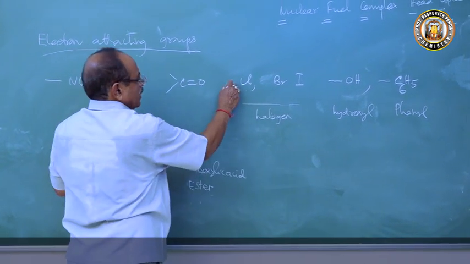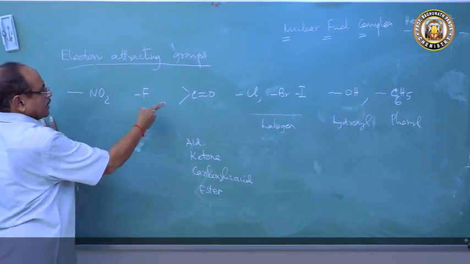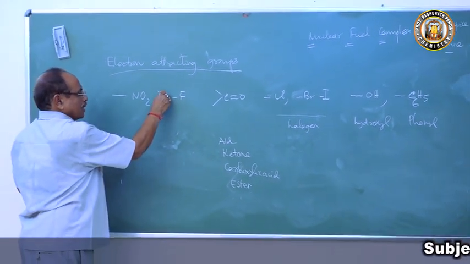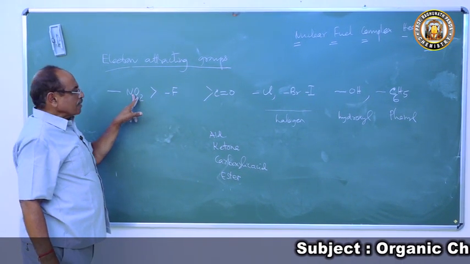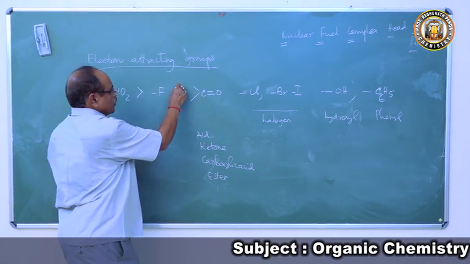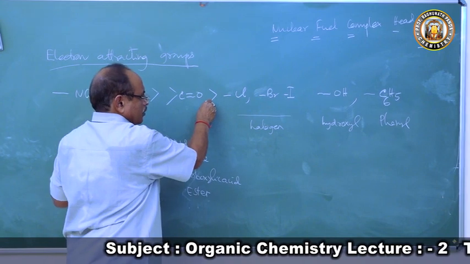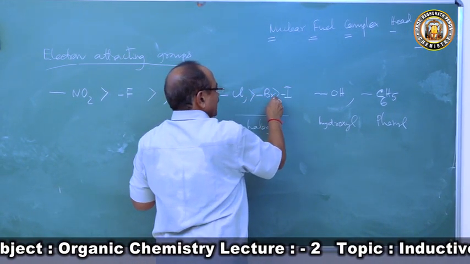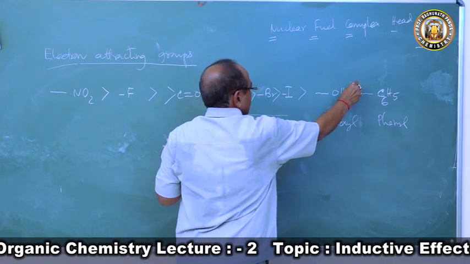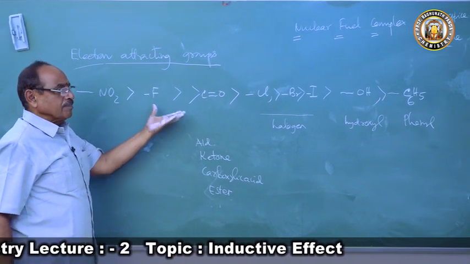So the nitro group is more electronegative than fluorine; its electron attracting power is more than fluorine. Fluorine has more attracting power than the carbonyl group. Carbonyl is more than chlorine, then bromine, then iodine, then OH, then C6H5. See how nicely you capture them.